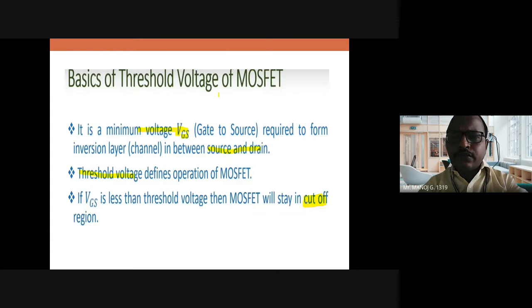The definition is: threshold voltage is the minimum voltage that is required for the inversion layer between source and drain. If it is less than the threshold voltage, then the device is in off state. That's why this voltage is very important.